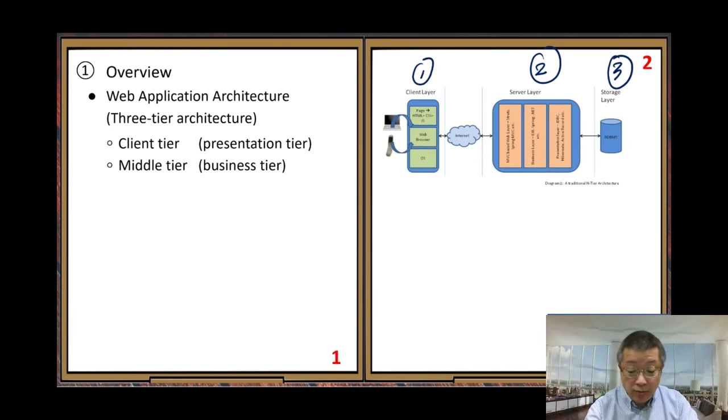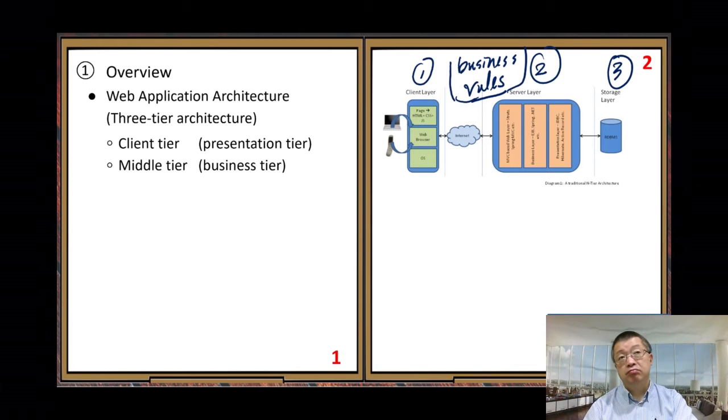You need to implement business rules, a set of business rules, in this layer. So people call it business tier.